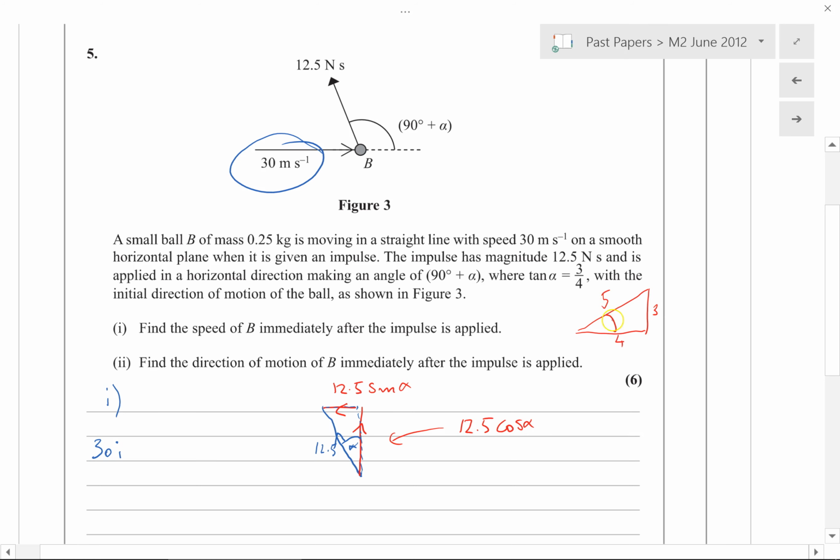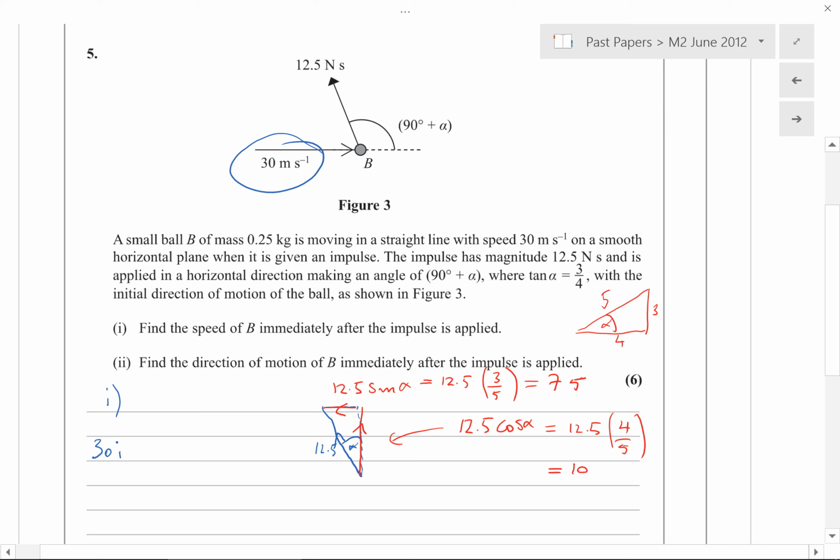So cos alpha is 4 over 5, so that's 12.5 times 4 over 5, which equals 10. And this one here is 12.5 sine alpha. Sine alpha is 3 over 5, so that's 3 times 2.5, which is 7.5.